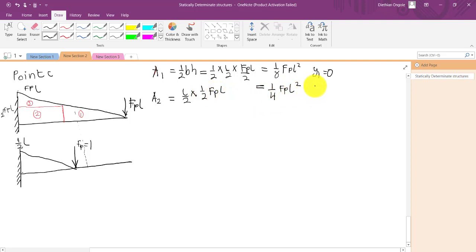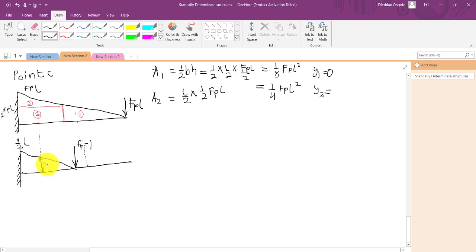Then our y2 would be equal to, so we come to the triangle, it has got its center right at this point. If I draw a line downwards here like this, my y2 is expected to be somewhere here like this.